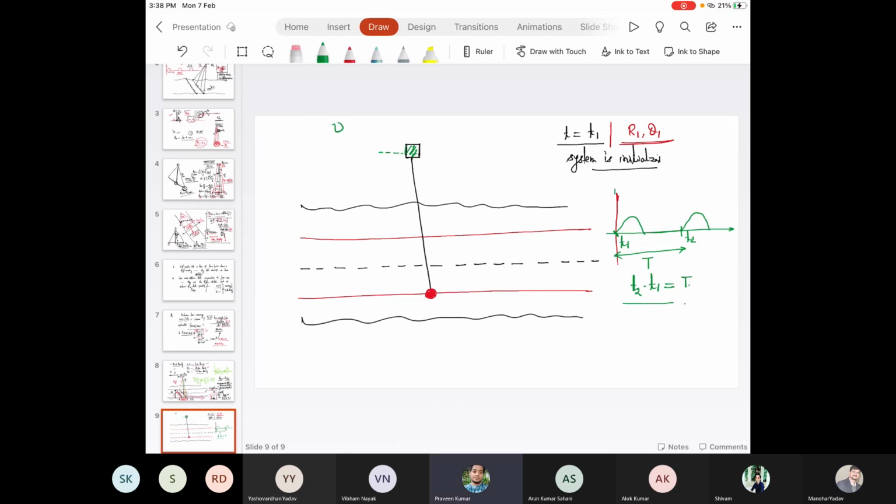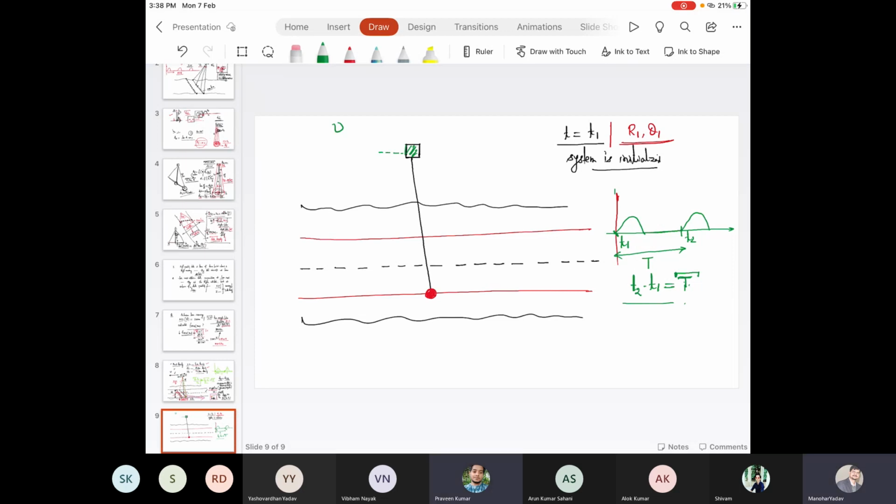Let's say a particular object is moving at a speed of v.